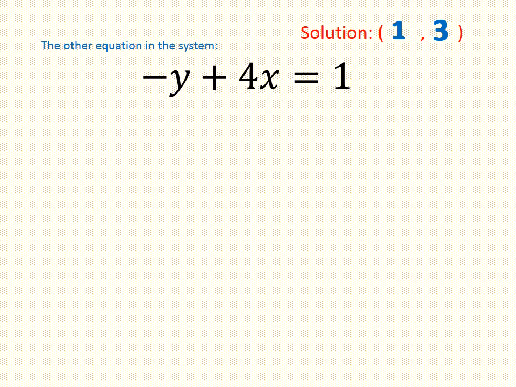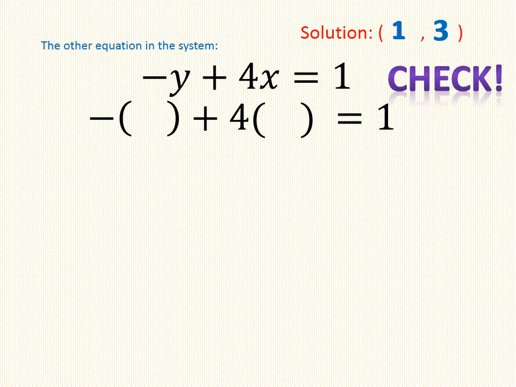Now, to also check if I have the right solution for the system, I can also substitute the value of x and y in the second equation of the system. And when I substitute y with 3 and x with 1, I should check if I end up with a true statement or not.